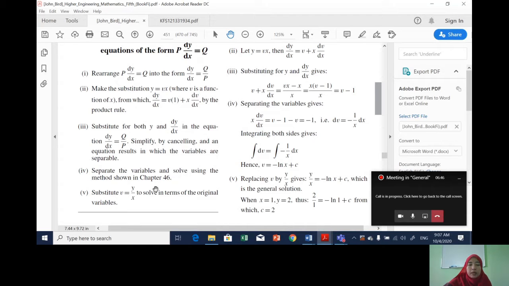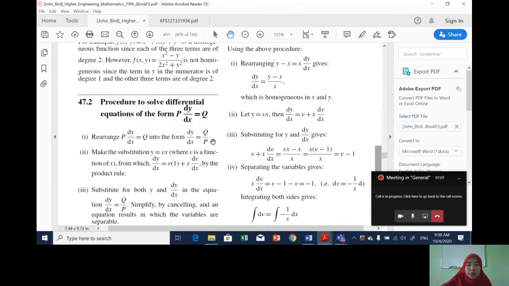Don't forget to change back v to y over x. This v equals y over x comes from y equal to vx. So that is the step.